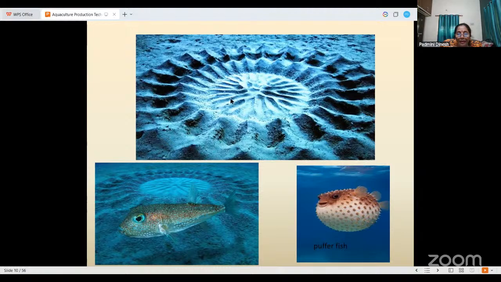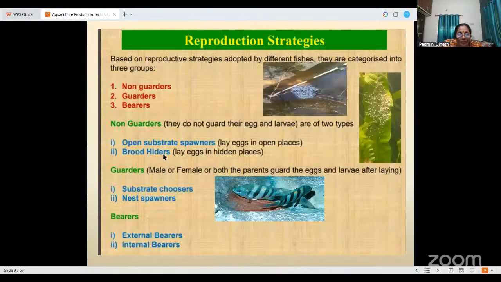When a female sees this nest and likes it, she will come and mate with the male. The female lays her eggs in the center, and the male takes care of the eggs until they hatch. So that is nest spawners, an example under guarders.